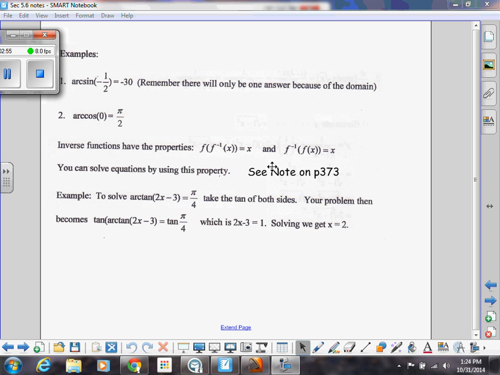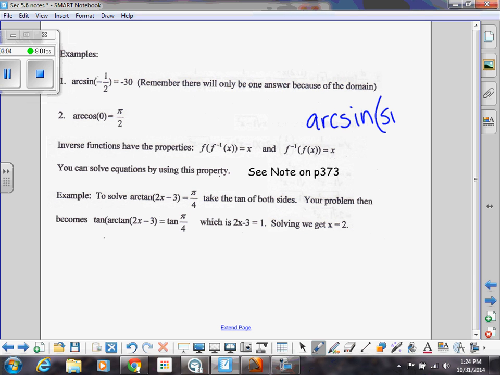For example, arcsine of sine of pi. That's not pi, right? Normally we think those would cancel each other out and it's pi, but pi is not in the restricted domain, so we have to do that manually.